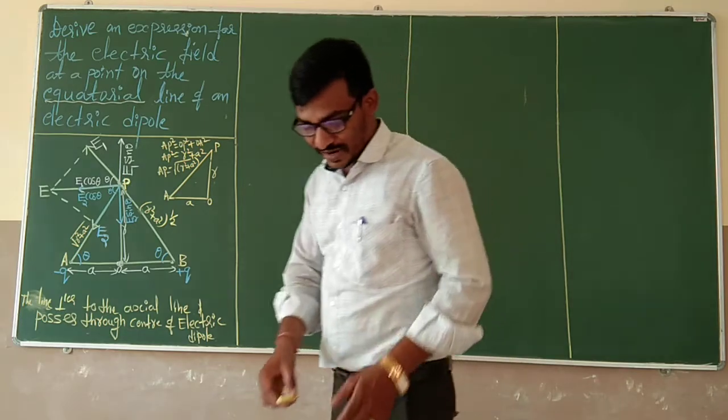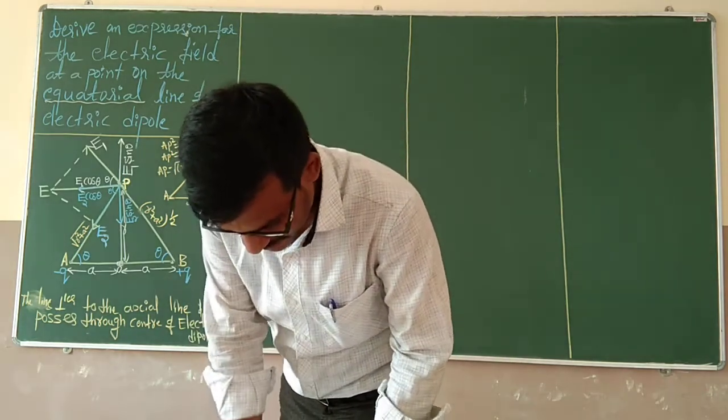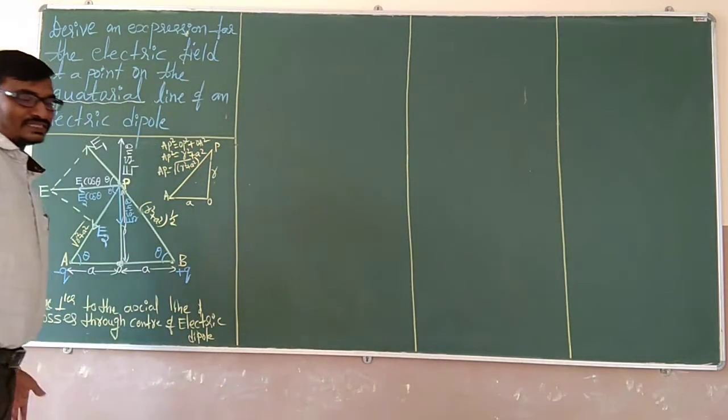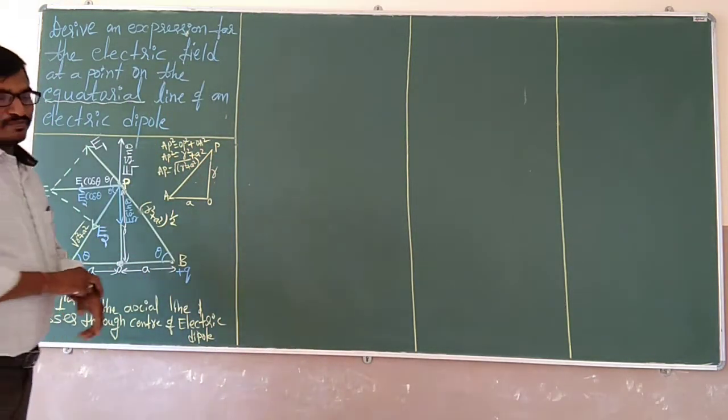Now we are going to find the electric field intensity at a point P due to the plus charge as well as due to the minus charge.